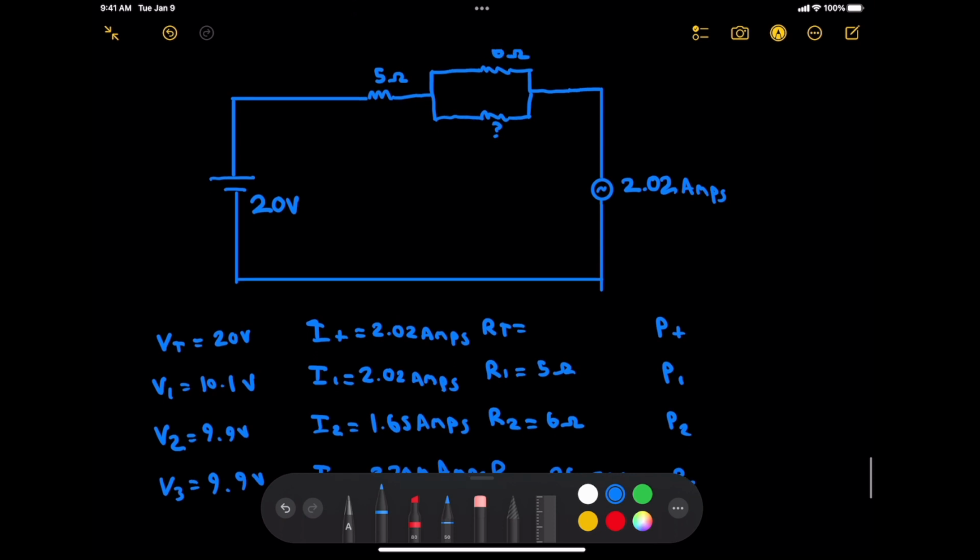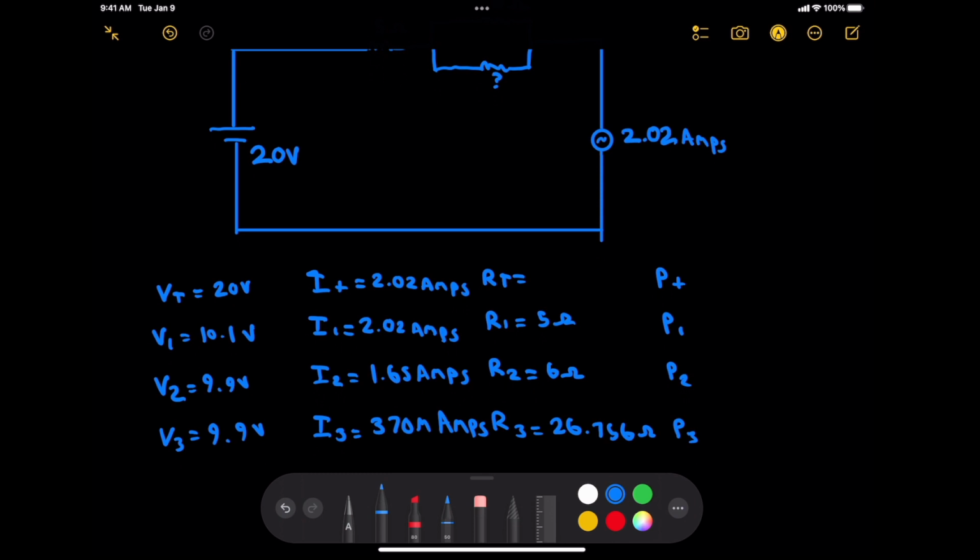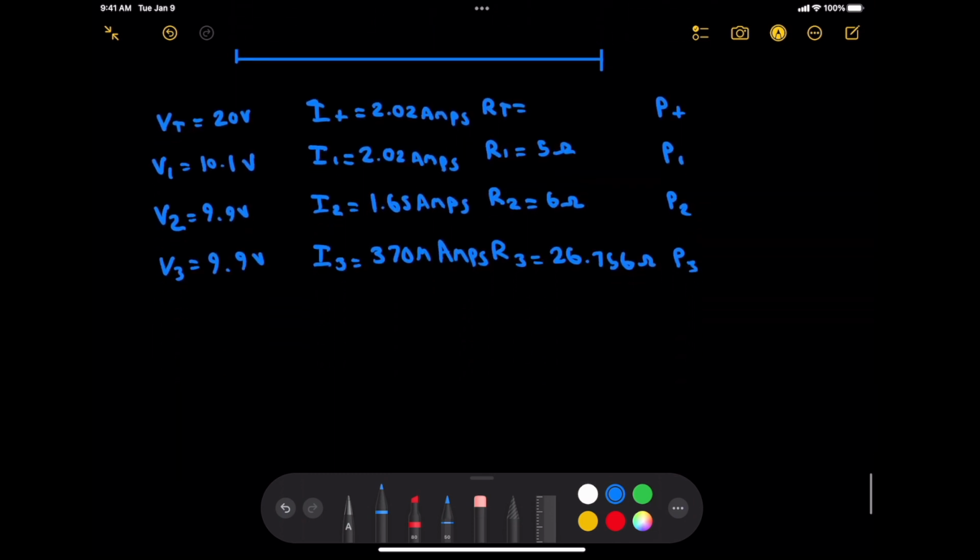All right. Now let's go further and solve for RT. We see that we have one resistor in series and then two in parallel. So we need to first combine the two that are in parallel by inversely adding them. So it's the inverse of 6 ohms plus the inverse of 26.756, and then we're going to take the inverse of that.